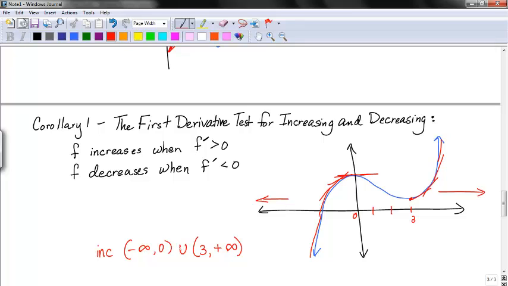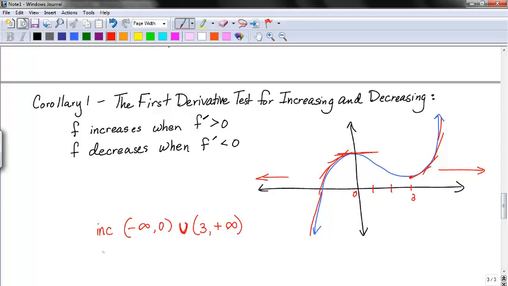Notice I put the union symbol, every time you have to separate it into sections, you're going to put the union symbol. Okay, and that means this graph is decreasing everywhere it has a negative slope. Well, look at the tangent lines, it would have a negative slope from 0 to 3.